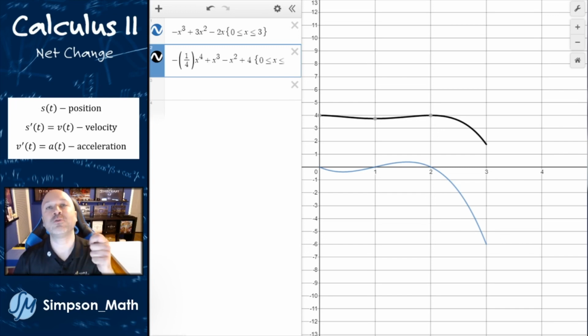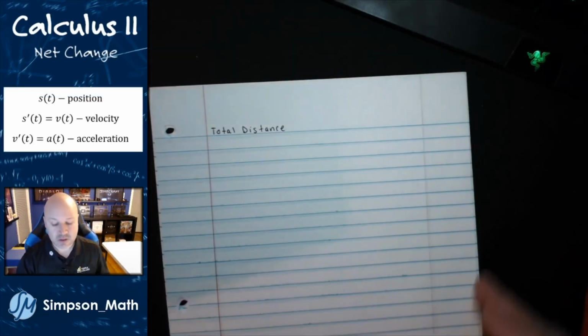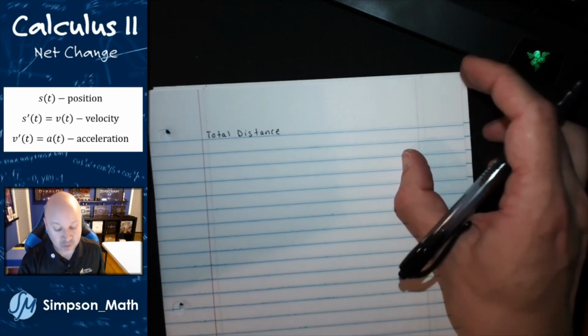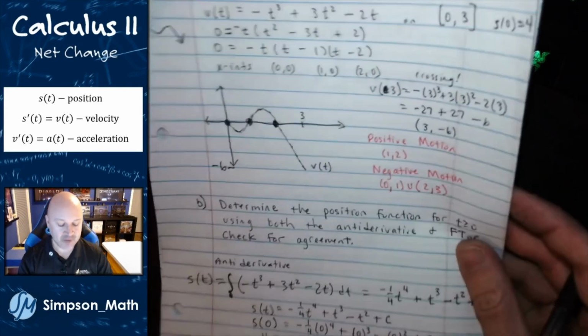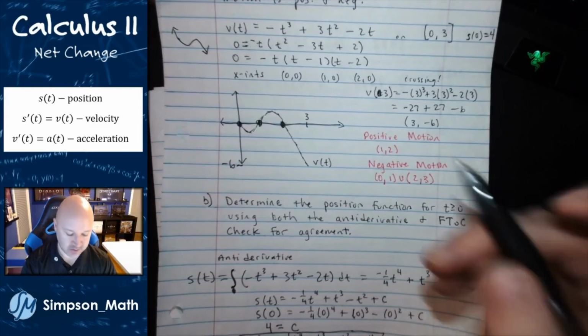Now what if I wanted the total distance traveled? That doesn't account for this backwards motion and then forward motion. So how do I find the total distance? I'm going to have to break up my integration process.